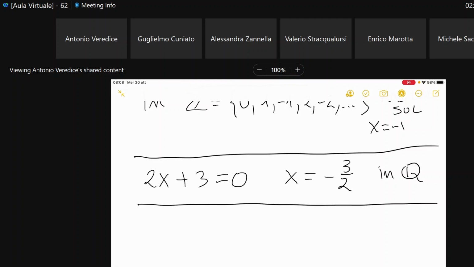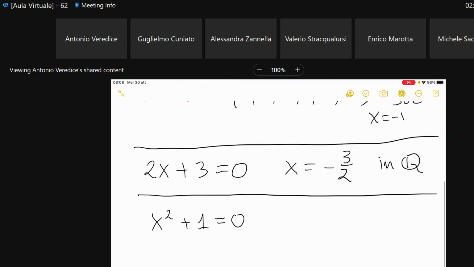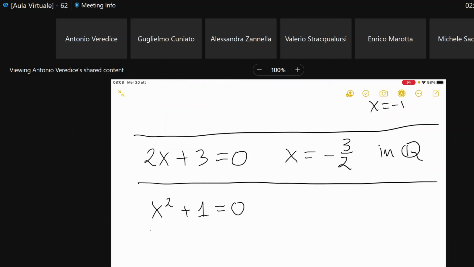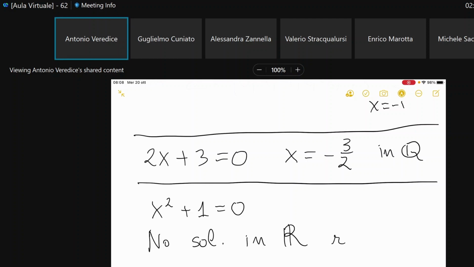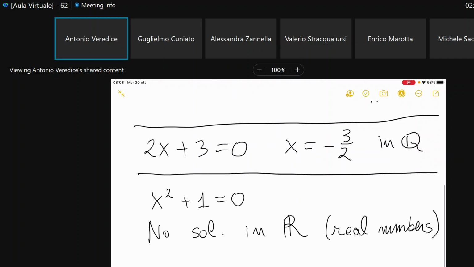So let's ask ourselves how many solutions for this equation. The answer is no solution in R, the set of real numbers, the set we are accustomed to work with.